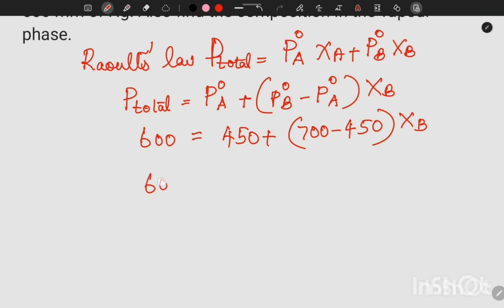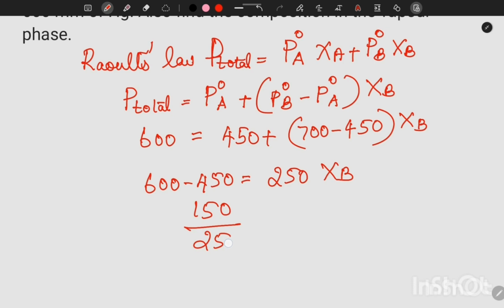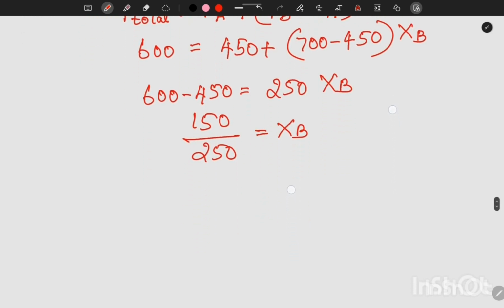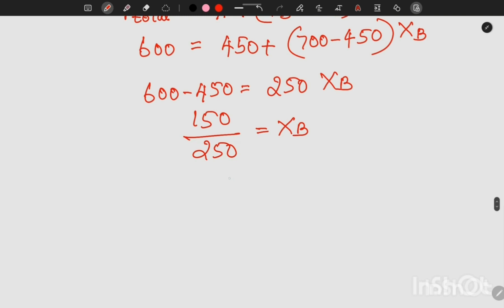So 700 minus 450 is 250 chi B. So 150 by 250 is equal to chi B. When we simplify, we will get chi B is equal to 3 by 5, which is equal to 0.6.